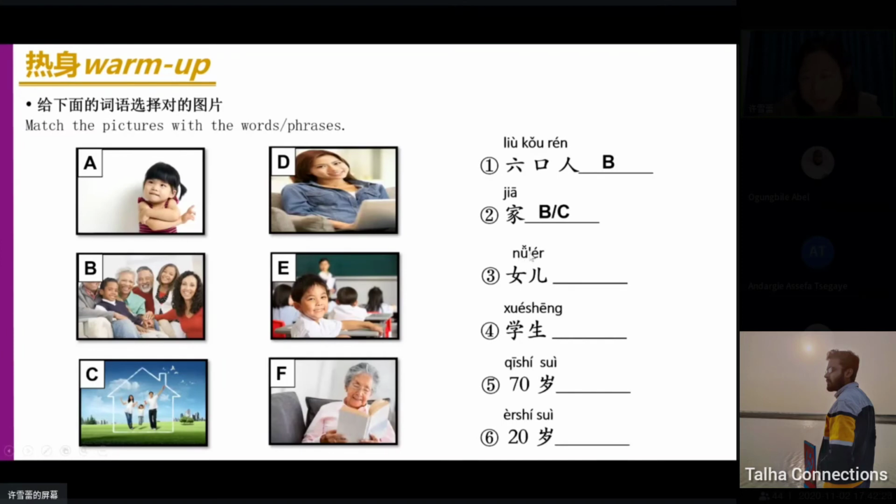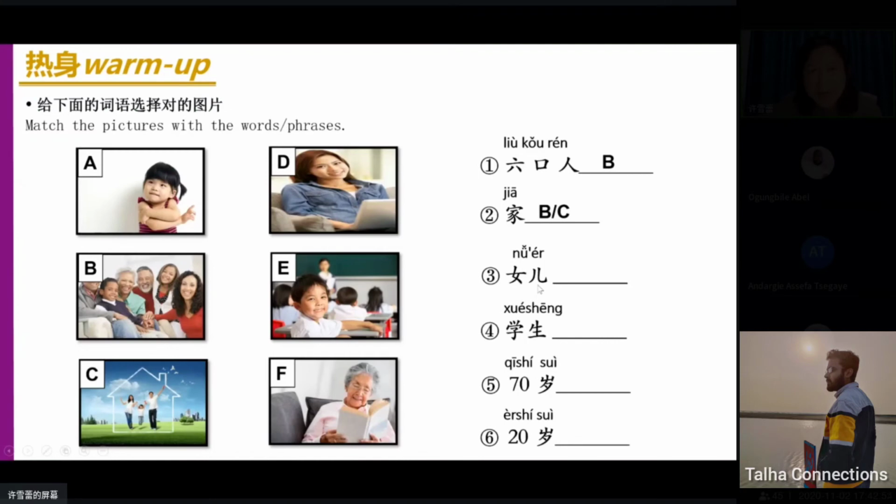Next one. See the dividing mark? So we need to separate these two syllables. Now here, the syllable only consists of a final, right? So we need the dividing mark. It is read 女儿. 女儿.